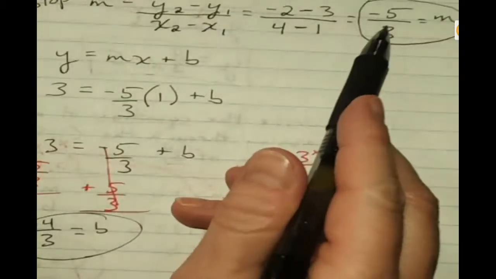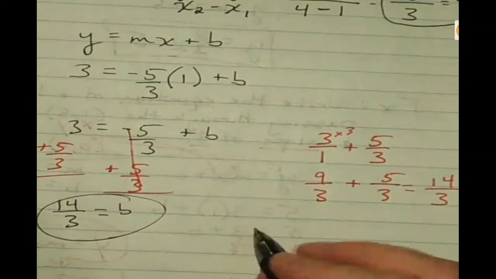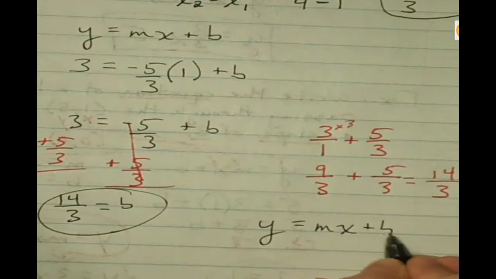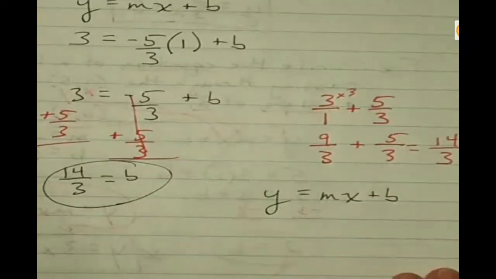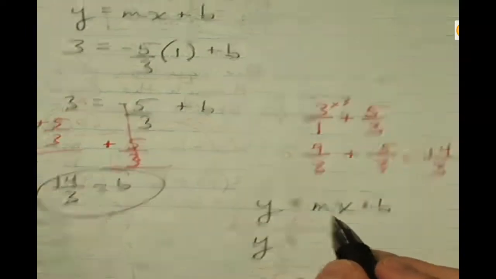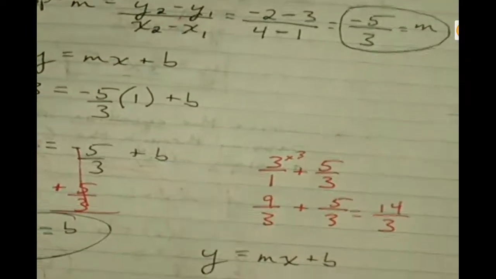Okay, so now I have my slope and I have my y-intercept. Here's what my equation's supposed to look like. All I do is substitute. The slope was negative 5 over 3.